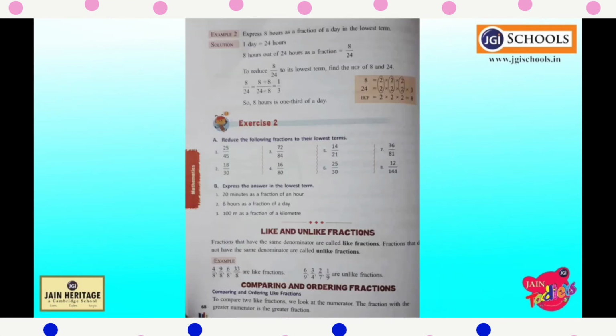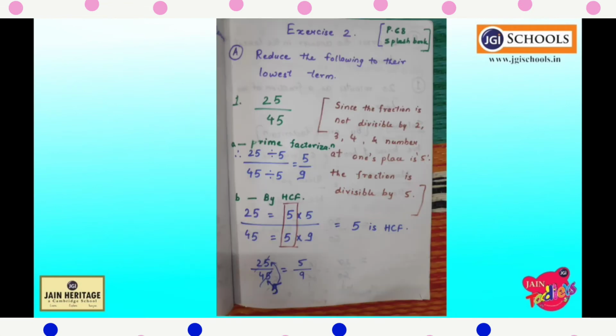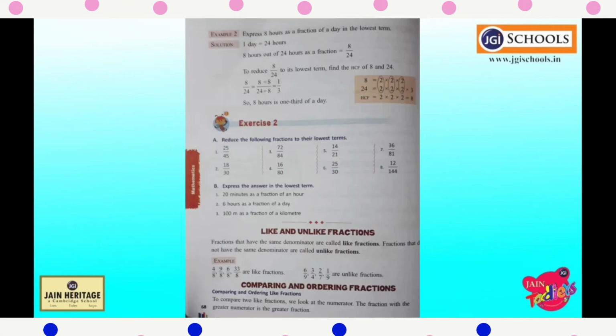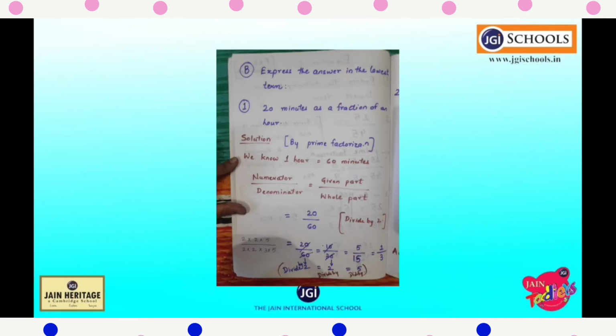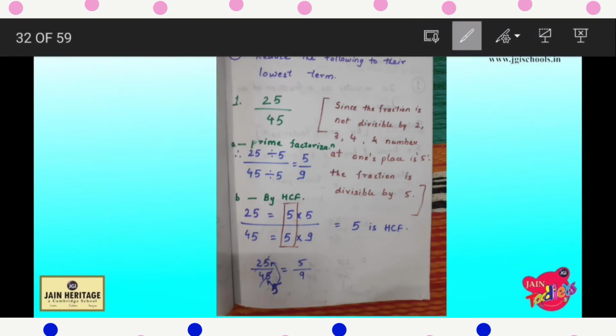Okay, now exercise 2 is completely based on reducing to the lowest term. The first one, exercise 2, question number 1, question number A 1, 25 upon 45. It is a fraction and you have to express this in the lowest term. What will you do here?